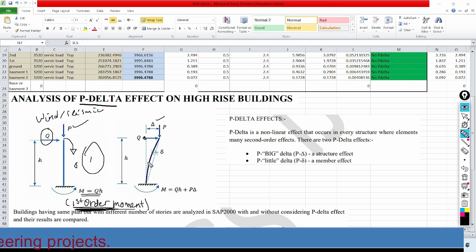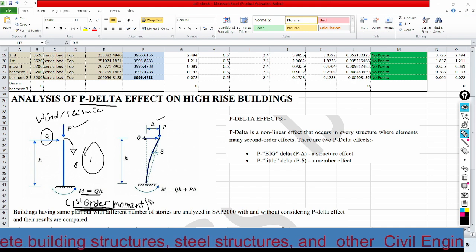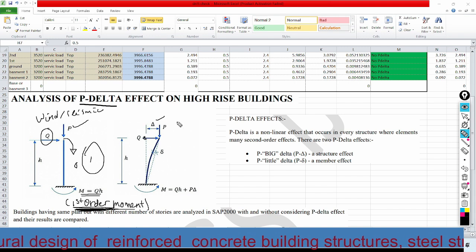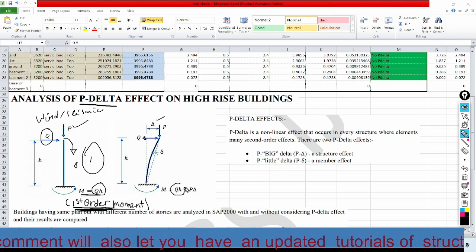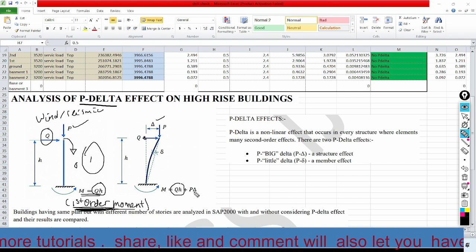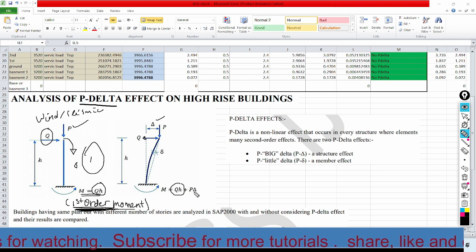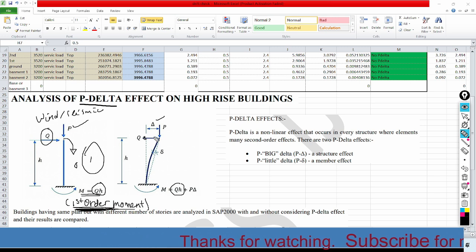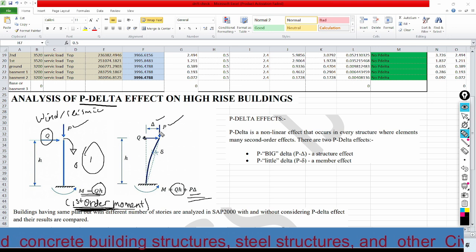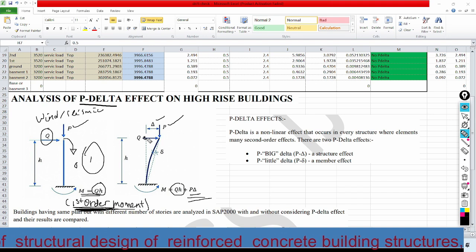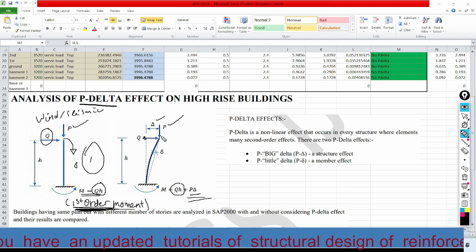So here we have two effects: the first order moment, which we take as it is, and a second order moment which happens due to the lateral displacement delta. This second order moment is the vertical gravity load multiplied by the horizontal displacement, that is P times delta.